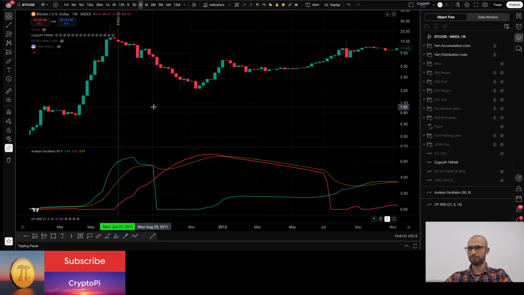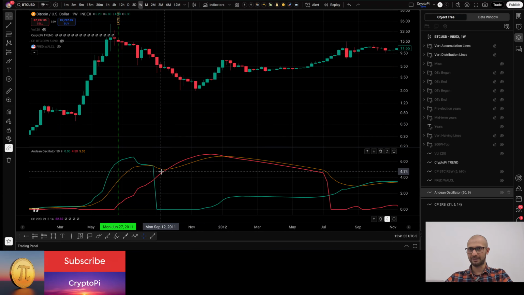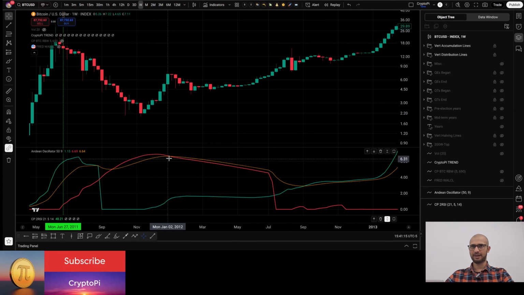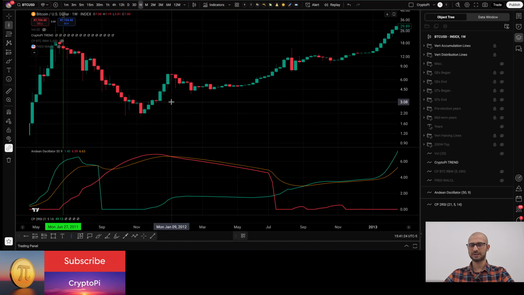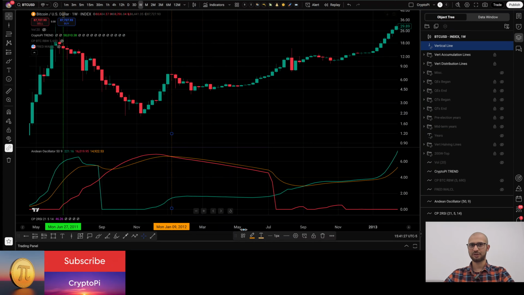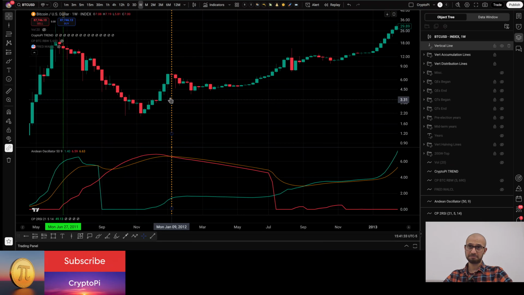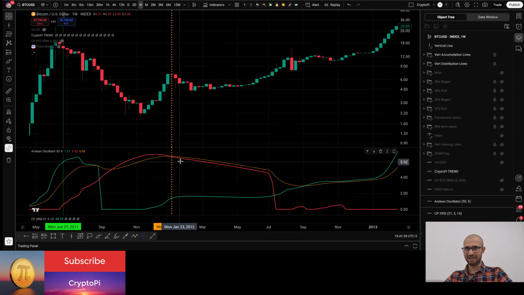The bear market got confirmed when the bearish component crossed over the signal line. And it went on until the bearish component crossed under the signal line. However, this cross under does not in any way indicate that the bear market was over or the bull market had begun, because the bullish component was still under the bearish component as well as the signal.